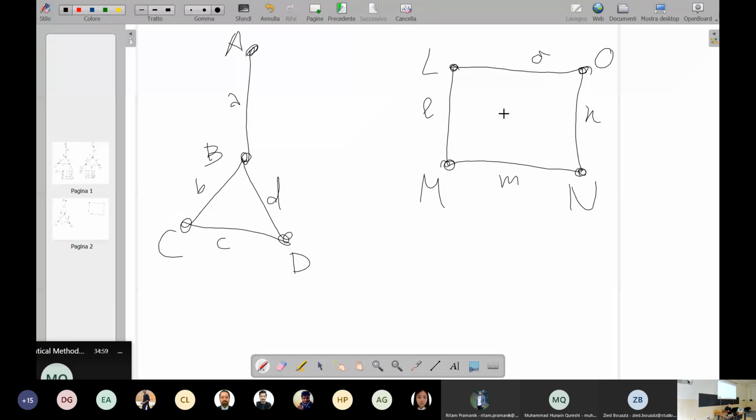Okay, so it's true that I can do a theta, a bijection from vertices to vertices.